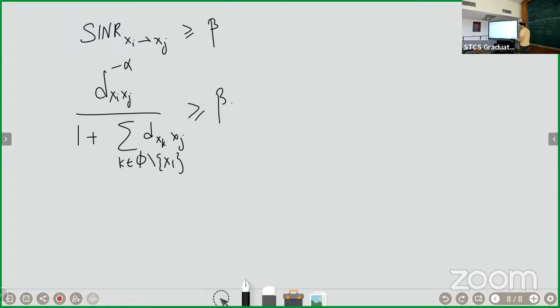In the protocol model, a communication is successful if the receiver doesn't have any other transmitter within 1 plus delta multiplied by the distance from its own transmitter. Here, it is more than that: it is the signal power divided by the interference power. Does this correspond to the question? When you write down an SINR model which exists, it should imply a particular protocol model, a particular value of delta.